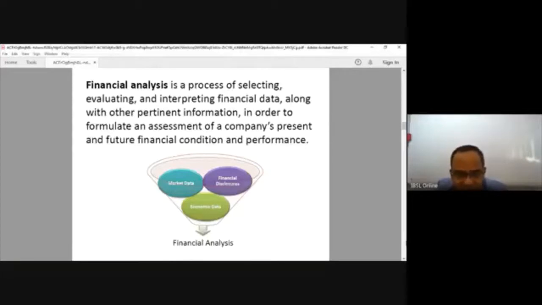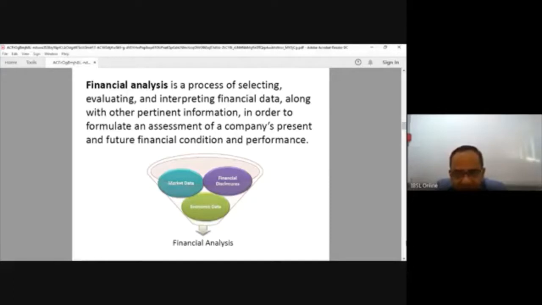It's an art, I told you. From the set of figures the customer gives, you select, evaluate, and interpret to identify the strength of the business. That is financial analysis.